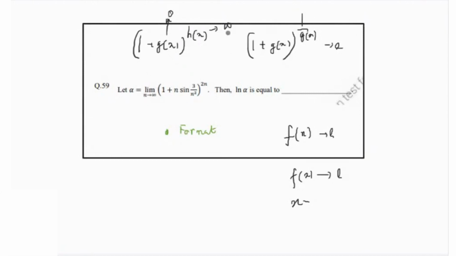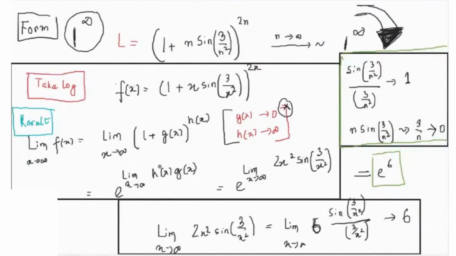Therefore, to adjust, this is nothing but 1 plus g of x whole to the power 1 by g of x, whole to the power g of x times h of x. Now the g of x cancels this out. So this turns out to be e to the power limit as x tends to infinity of h of x into g of x. This can only happen if you have these two conditions.